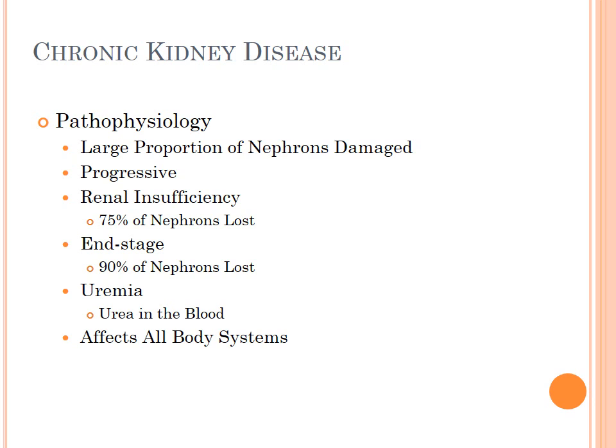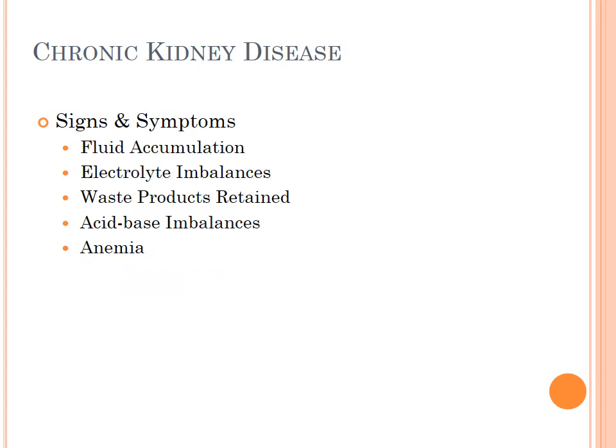In an early stage, a person may have no symptoms at all, even though they might have a significant loss of half of their nephron function. Signs and symptoms of chronic kidney disease include accumulation of fluids, electrolyte imbalances.